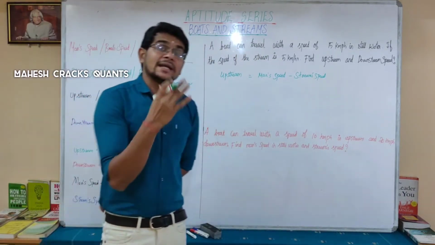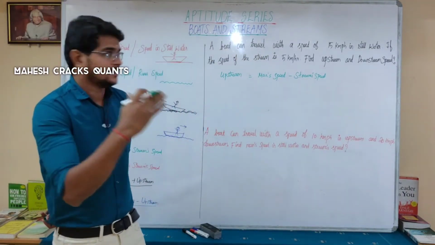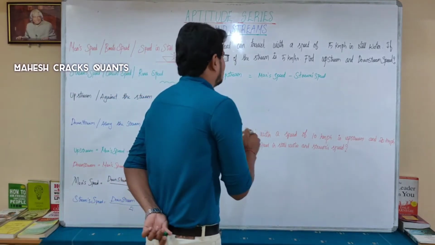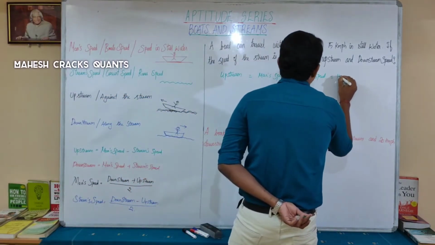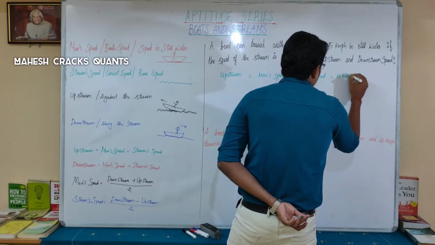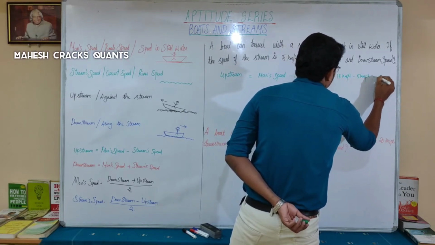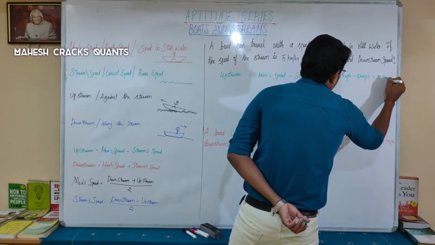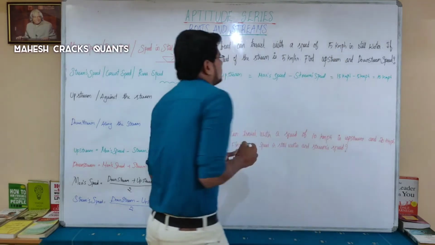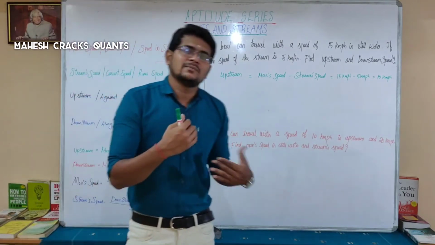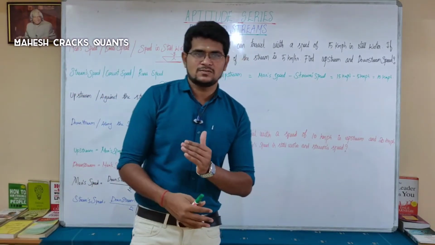Because it will reduce your speed, as you go against the stream. That is why I am using minus. So 15 km per hour minus 5 km per hour, which is equal to 10 km per hour. What is my upstream speed? Upstream speed is 10 km per hour when man speed is 15 and stream speed is 5.